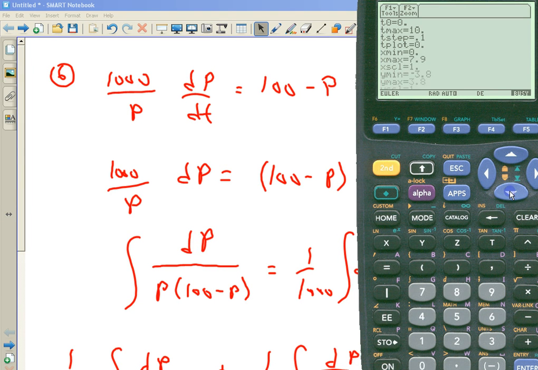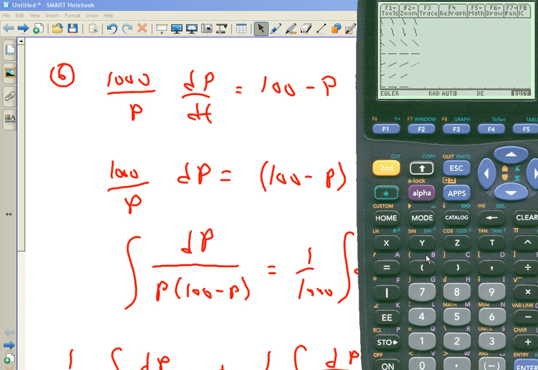So t equals 0 to 100 weeks or something, I think we said, and P equals 0 to 200 black bears or whatever they are. I think x and t are working the same here, so I'm going to go from 0 to 100 here. And 10. Well, t step. All right, let's see what the graph's like.